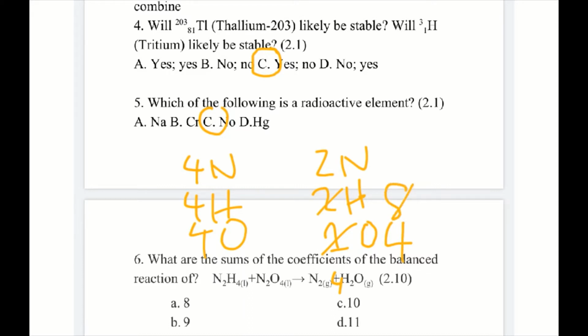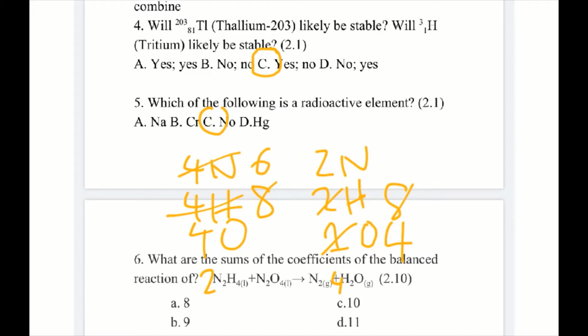So now we balance the oxygens, and now our hydrogens are unbalanced. So let's balance the hydrogens out. So if we want 4 to become 8, we put a 2 here, and now we just cross this out, and instead of 4, we actually have 8 hydrogens now, and instead of 4 nitrogens, we actually have 6 nitrogens.